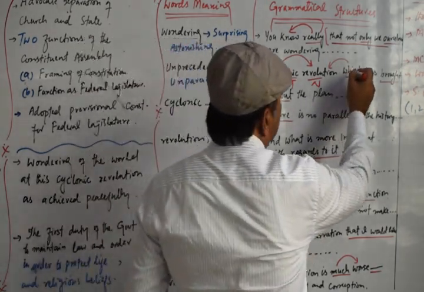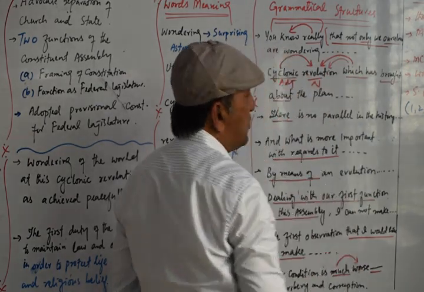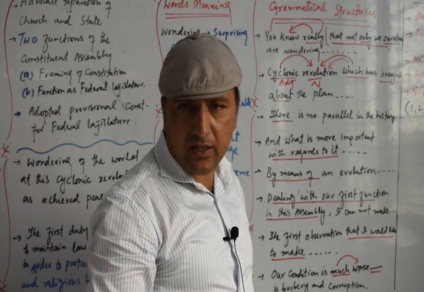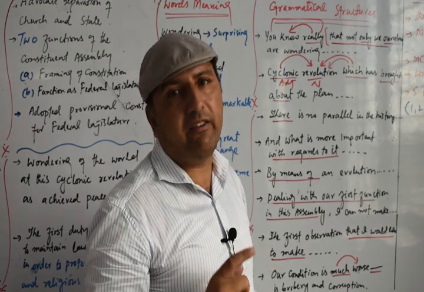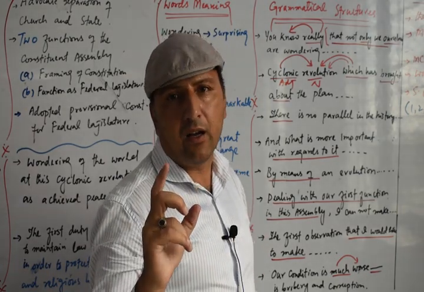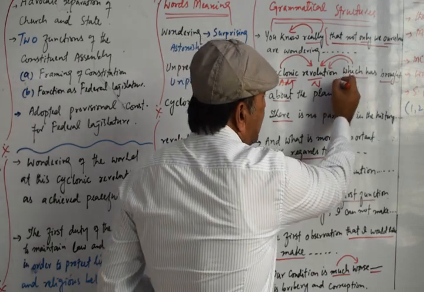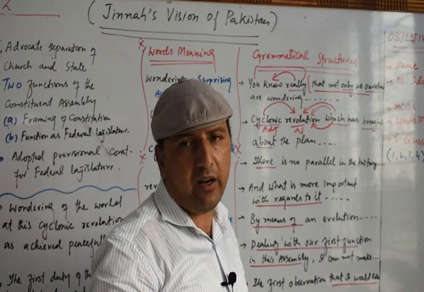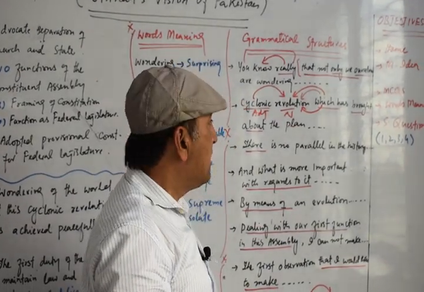Which replaces this revolution, which is a relative pronoun. It is a relative pronoun which is basically used for non-living things, for an idea, not for a living thing. So which relates to, describes this noun, and the noun is revolution.